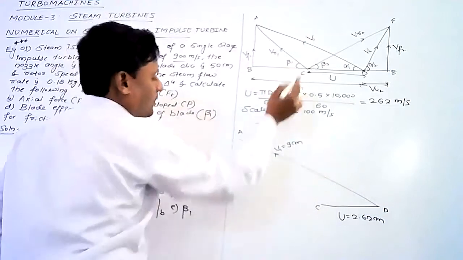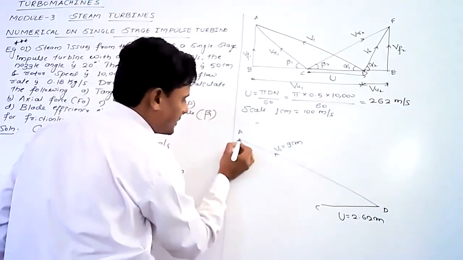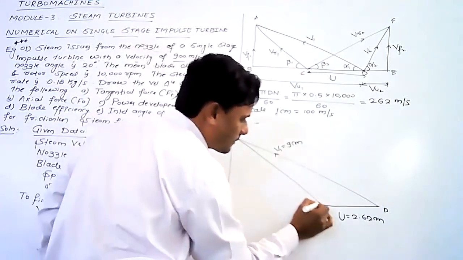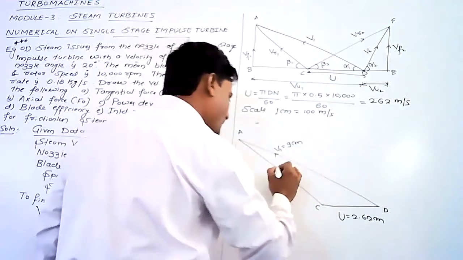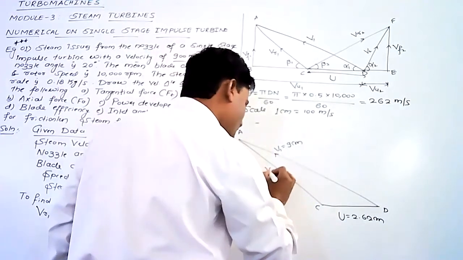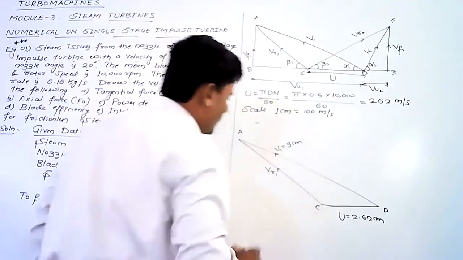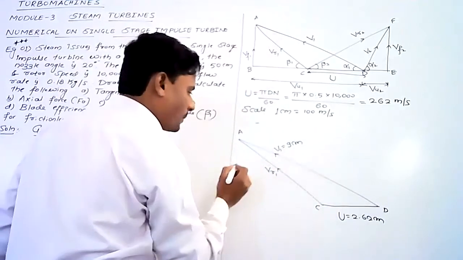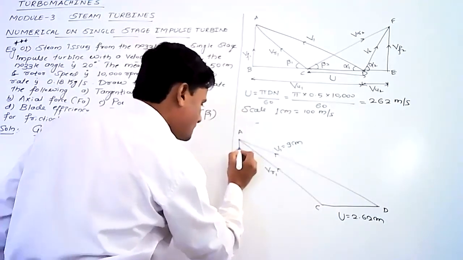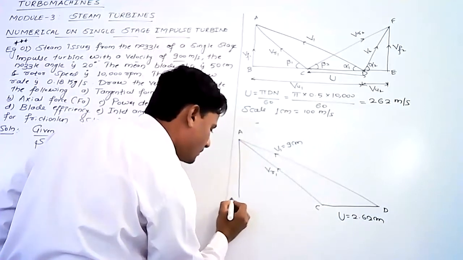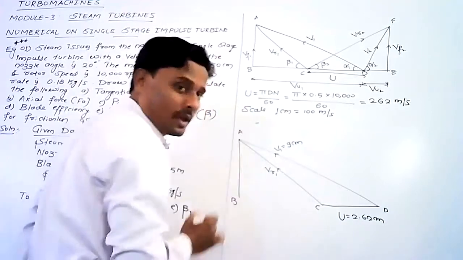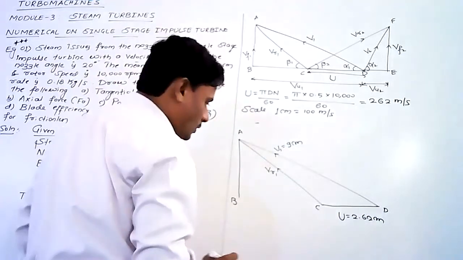Now join AC. This is VR1, the relative velocity component VR1, and from A, drop a vertical line up till point B. Now join DC.